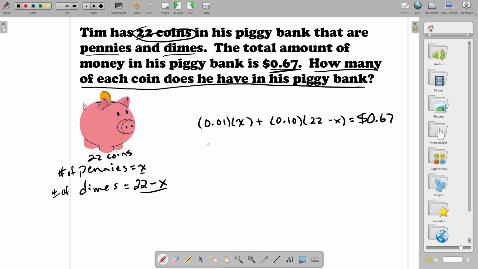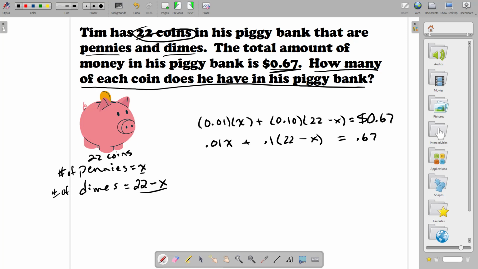So our equation is really 0.01x plus 0.1, I'm going to drop that ending 0 off, times 22 minus x equals 0.67.